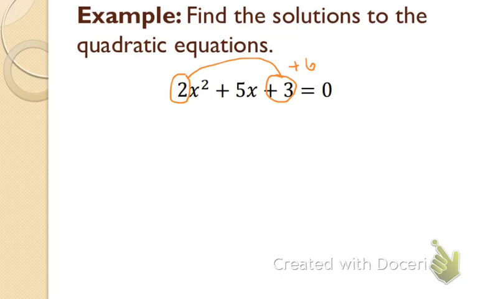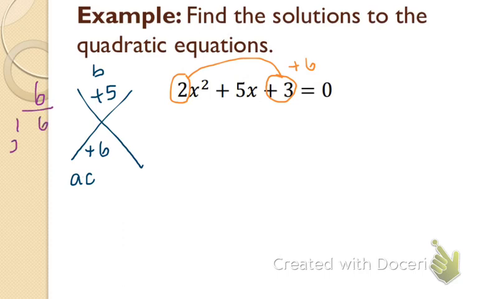So we multiply A times C, that's why it's called AC method, and we set up our X. So B, which is 5, goes up here, and the product of A and C goes up here.